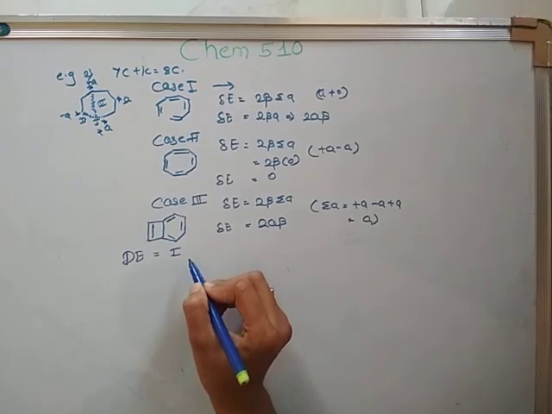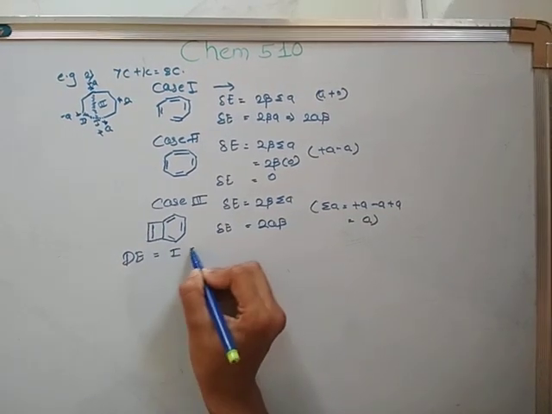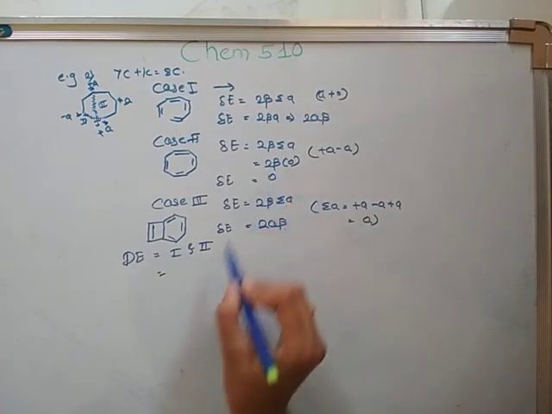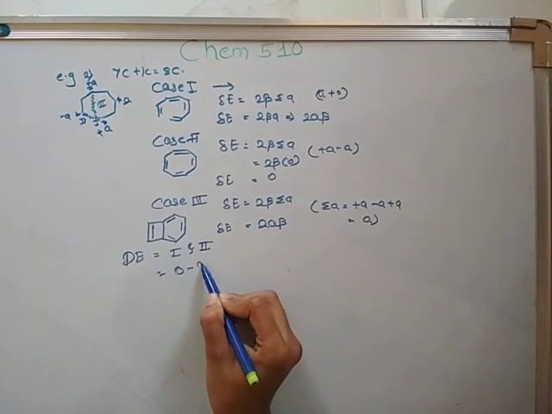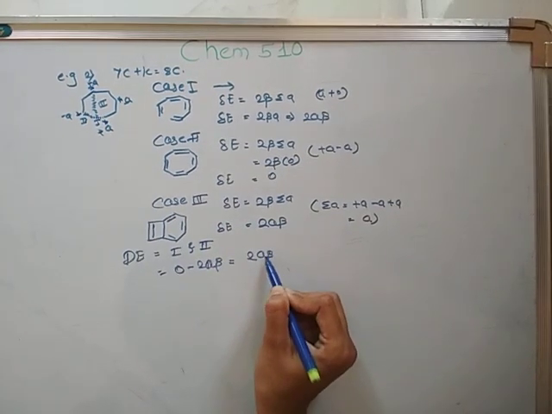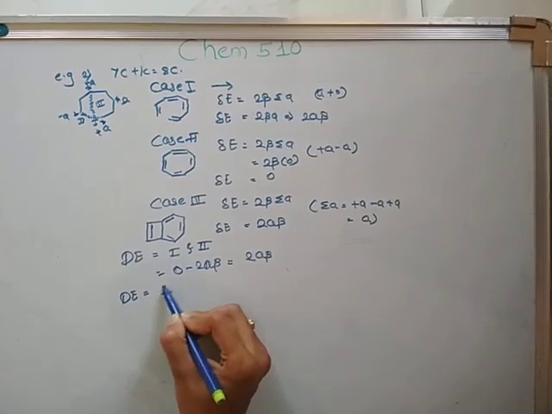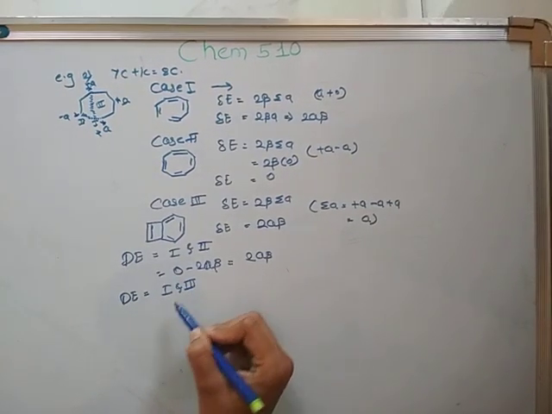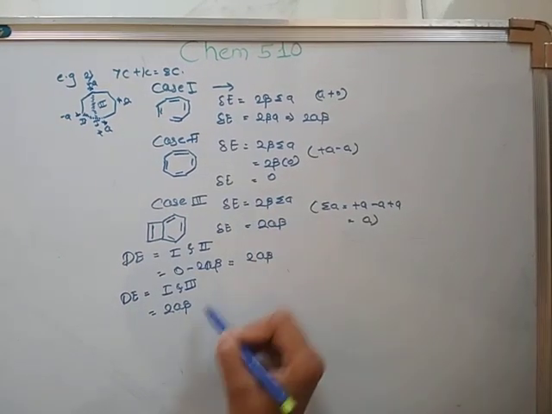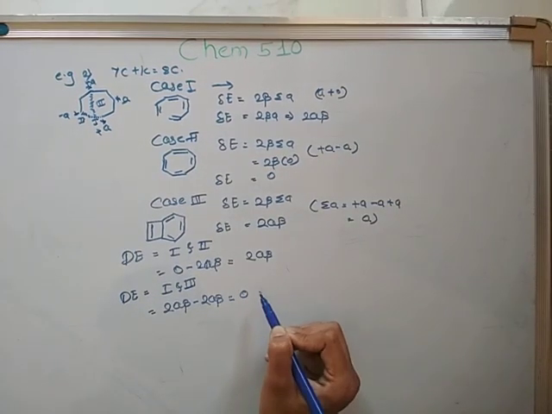Between first and second, dE is 0 minus 2A beta, which is minus 2A beta. And dE for first and third is 2A beta minus 2A beta, which is 0.